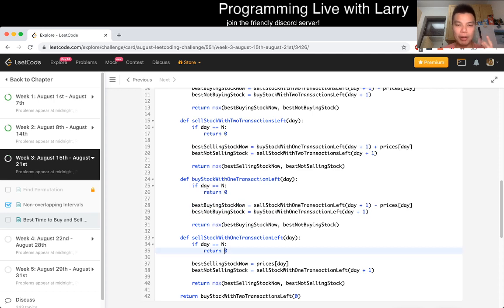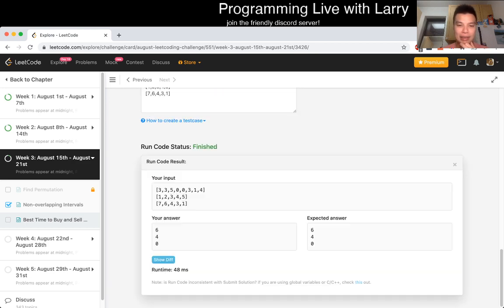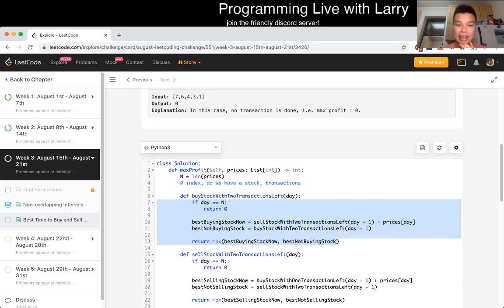And because you're only memoizing 4 functions, and each one of them has O of n states, it's going to only take O of n space. And because each of these also only does O of 1 time, the entire complexity is going to be O of n time and O of n space. Yeah, and this is right, except for bigger n's, it's going to time out because we don't cache.